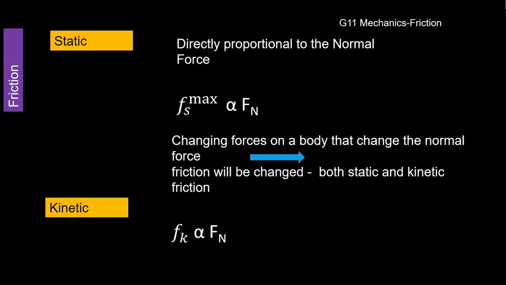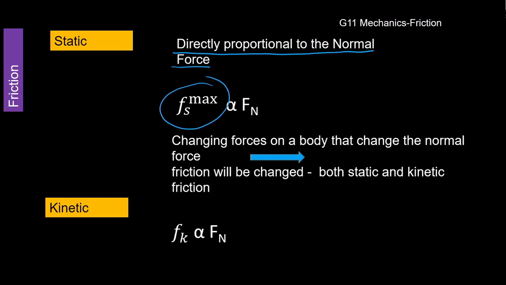So, how do we come up then with a formula that we can use? For static frictional force, we have the fact that it is directly proportional to the normal force. And so we have our maximum static frictional force.